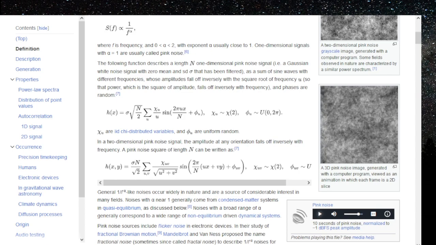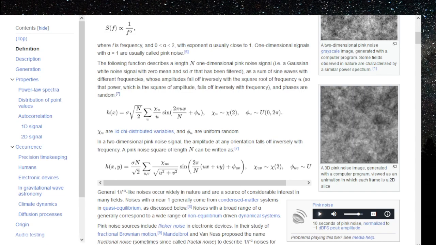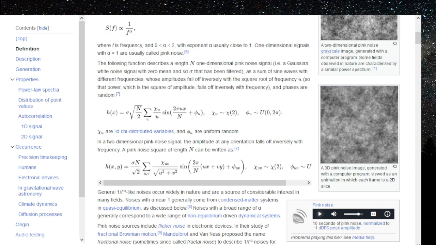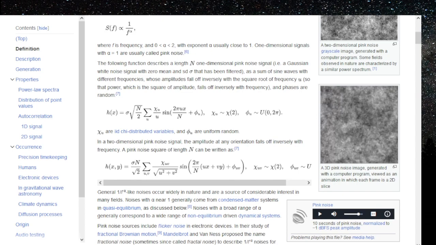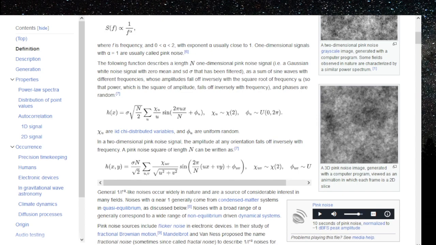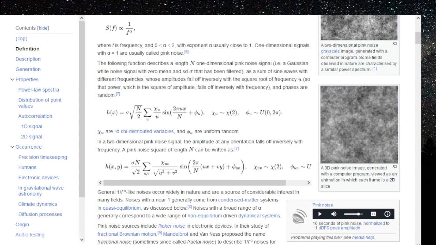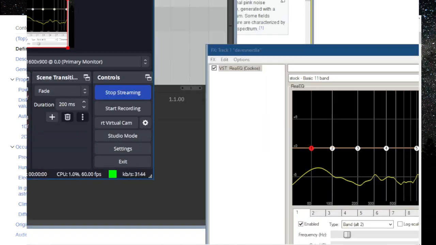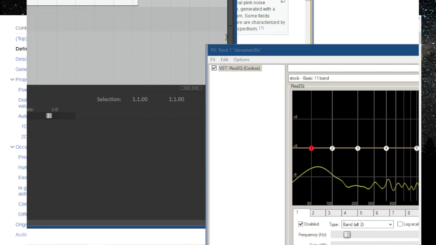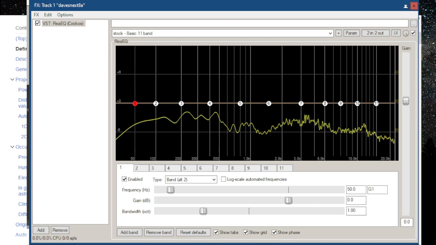I'll turn the mic off. It might help to be able to see what we're looking at. This is pink noise from the other computer.